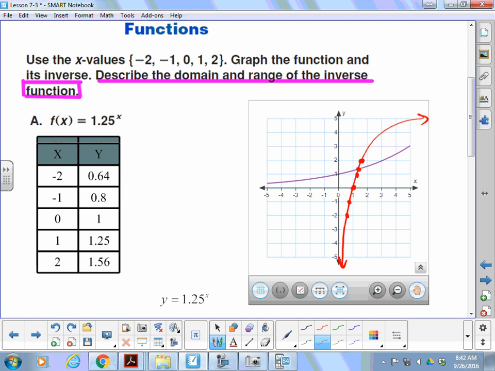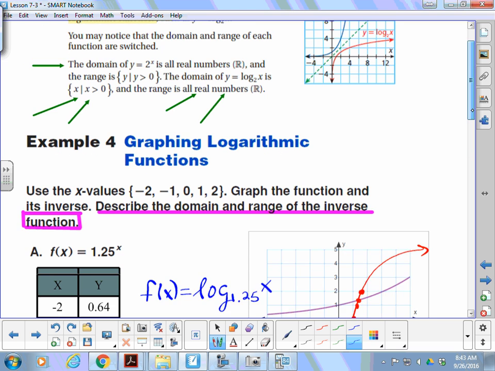equals x. So if we write this logarithmic function, it's going to be that f of x equals the log, and what's the base? 1.25 of x. So there's our logarithmic function. All right? So what's the domain? No, the domain is exactly what they said it was up here. X is greater than 0.